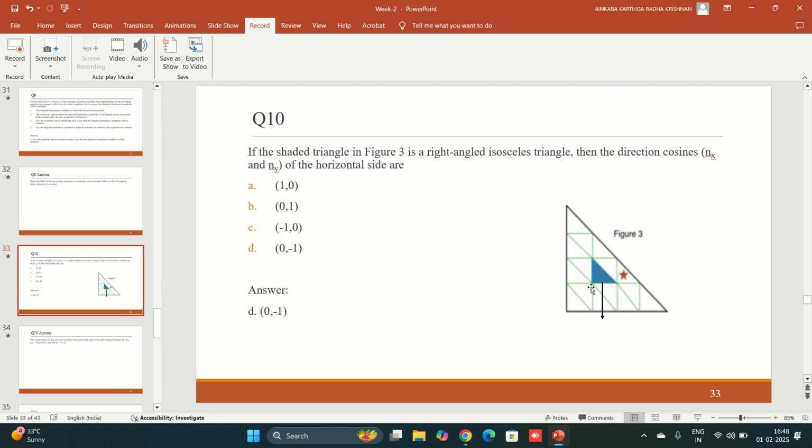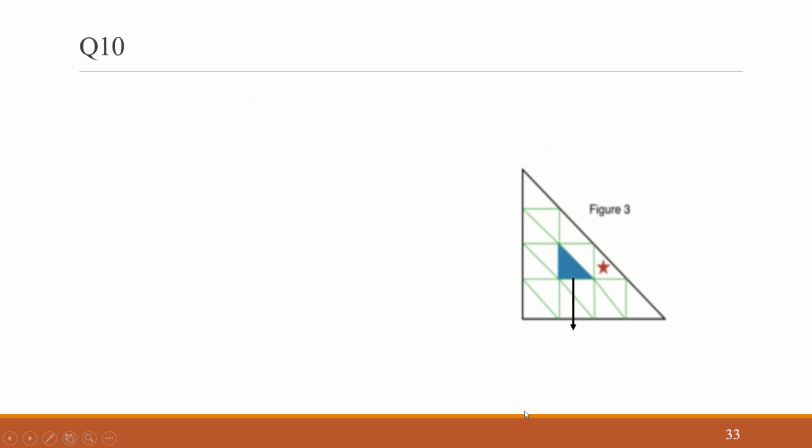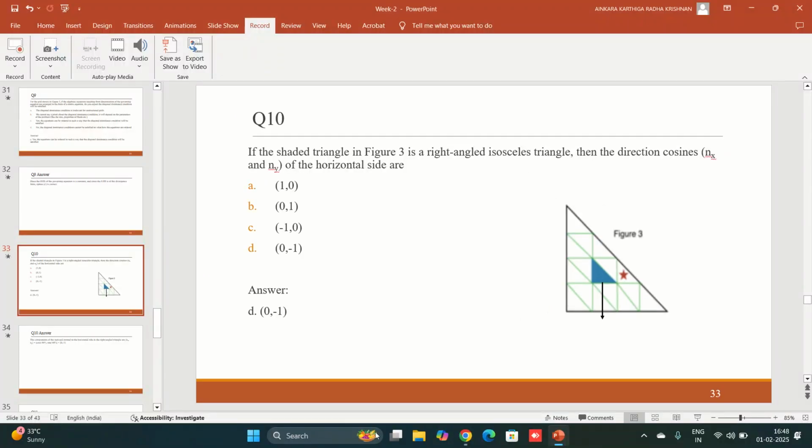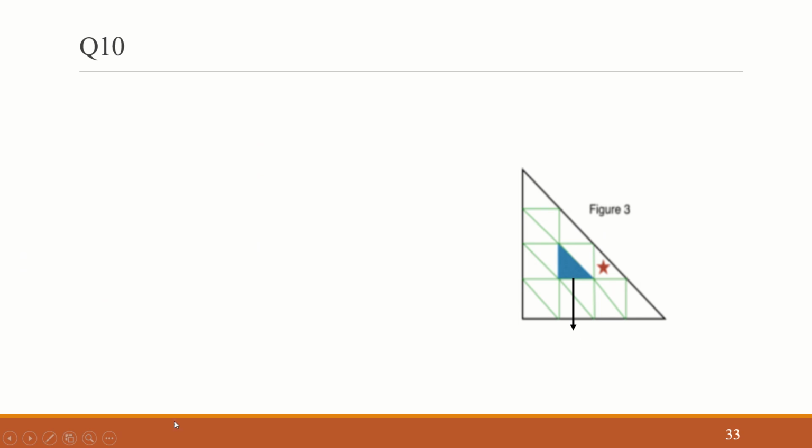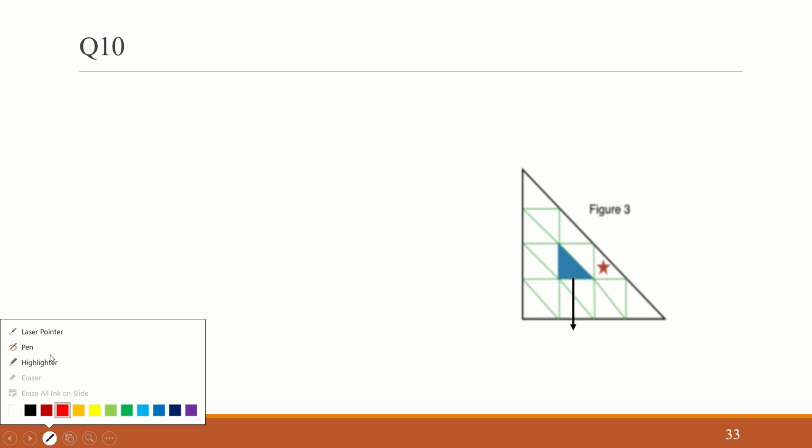It is in the downward direction, right? So it is not 1, but it is -1 actually. It is almost correct, but since it is in the downward direction, option D is the right answer, where it is the minus y direction. So 0 comma -1. It is the outward normal to that particular cell.